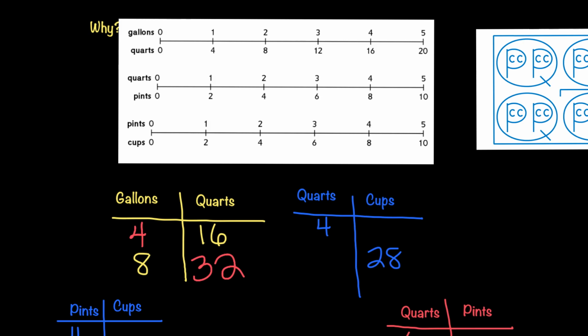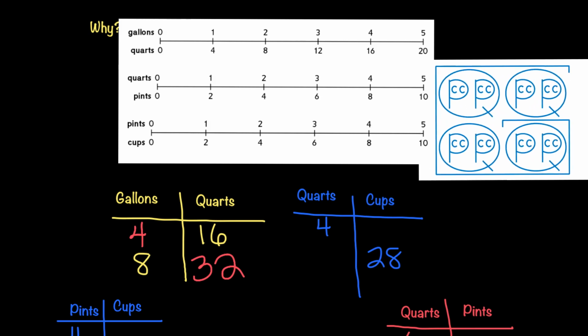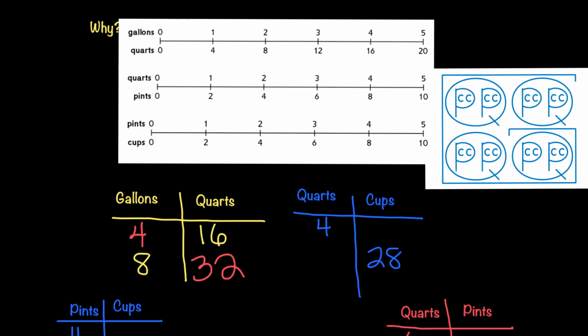So let's look at the blue. Now we have quarts and cups. So we're going to come down. Ooh, quarts and cups. How do I do that? Well, I've got to think about my picture that we used before, right? Quarts and cups. So 1 quart, this right here, has 4 cups in it, okay?